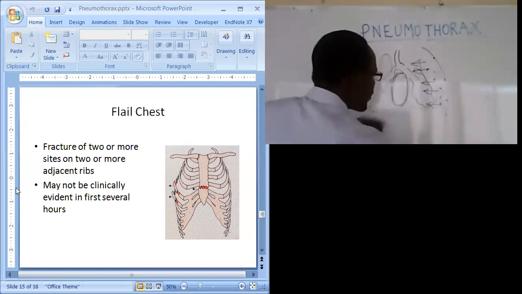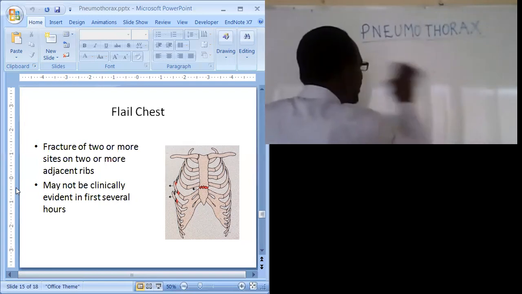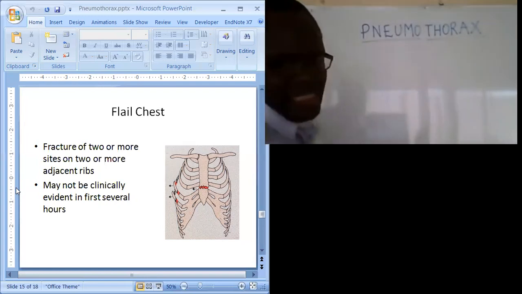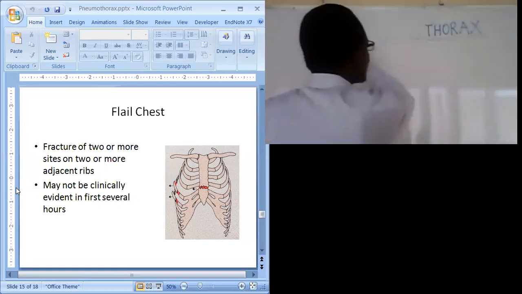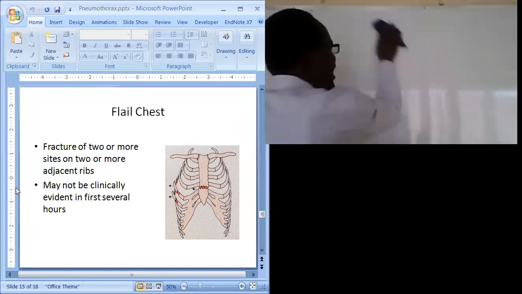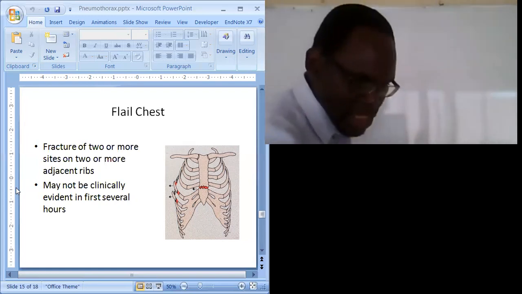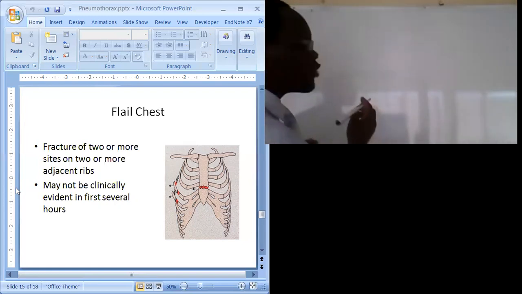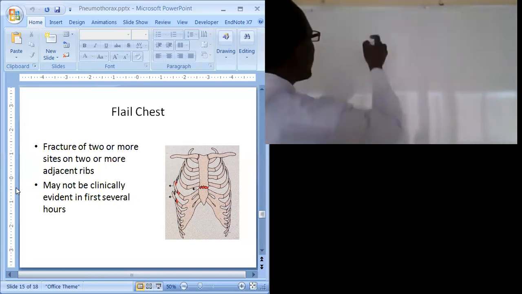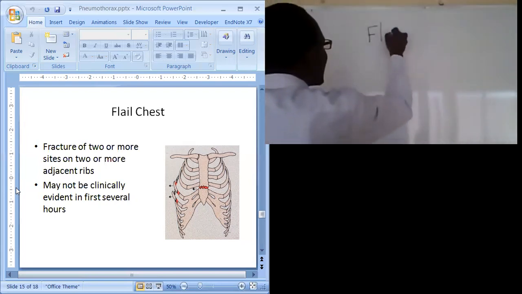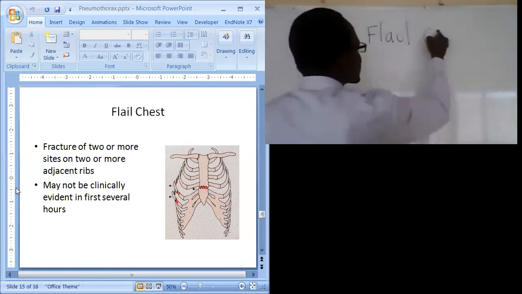In other words, you might not see it. You might not see a flail chest at the start. And so what is usually done is they do X-ray to determine whether someone has a flail chest.